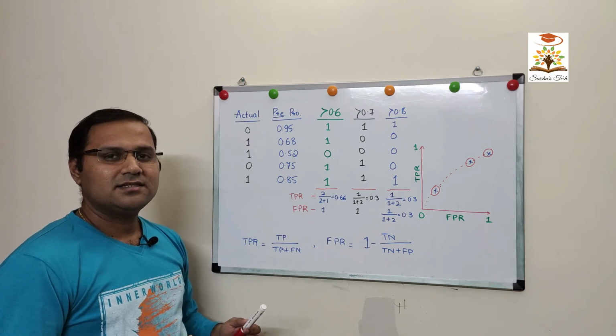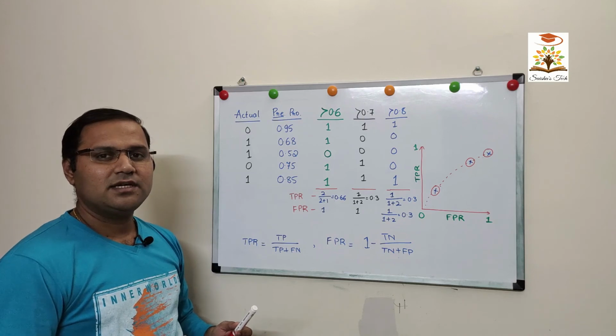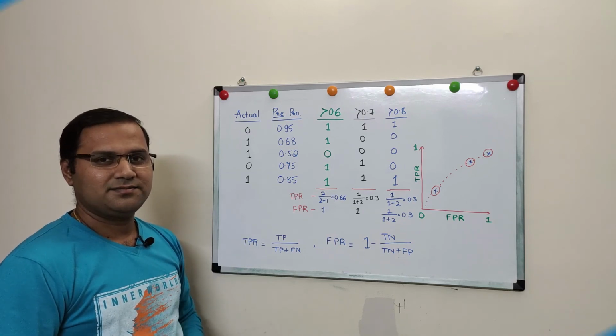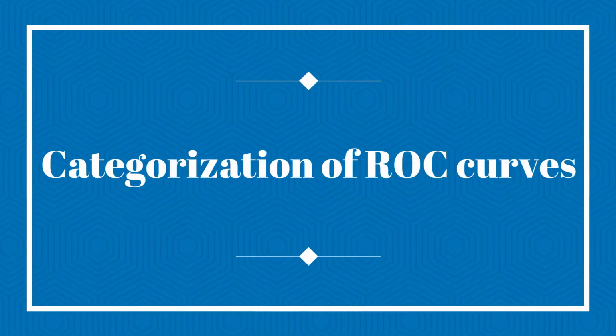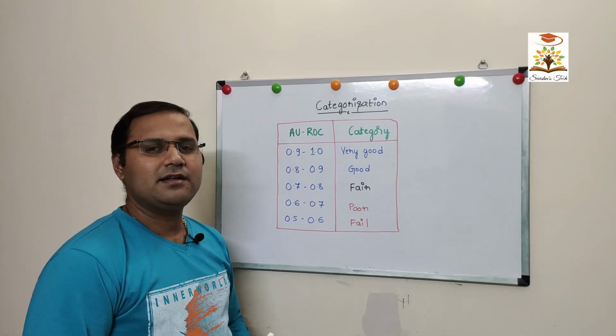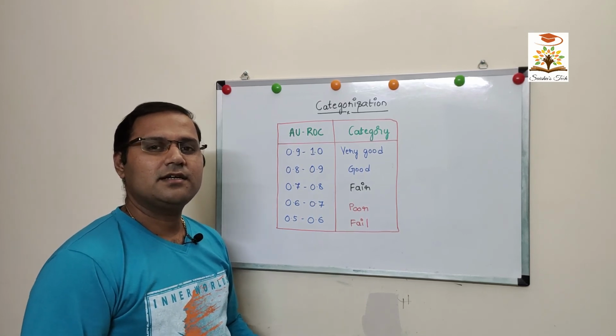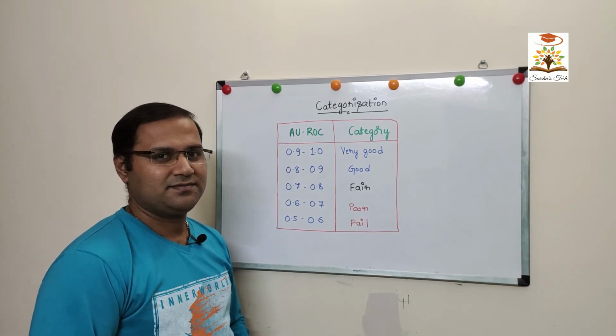Now let us understand the categorization of AUC in ROC curve. In the final part of the video, we will understand the categorization of area under the ROC curve.